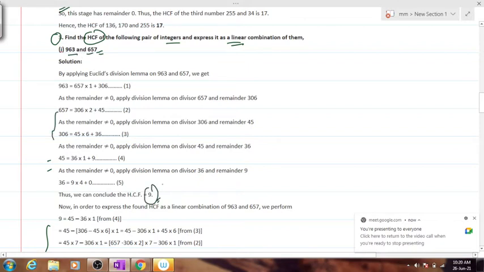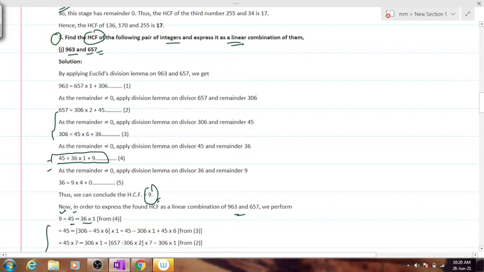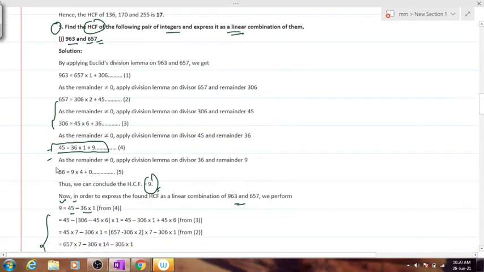Okay? Clear? Now, in order to express it in linear form, first of all, you'll have to break 9. 9 is equal to 45 minus 36. Yes or no? Using this one. And after that, 36 can be written as 306 minus 45 into 6, using this one.